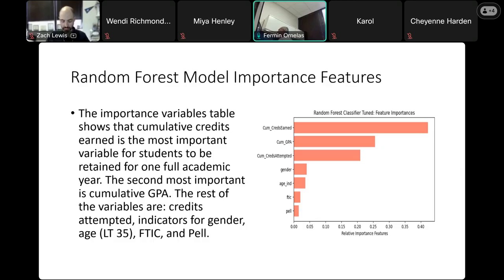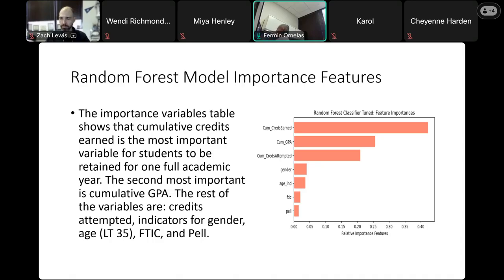Here you'll see that this is basically a rank, shown in a chart, of how well the variables explain the model. As you can tell, the most important variable is cumulative credits earned, followed by cumulative GPA, followed by cumulative credits attempted, and then the indicators.